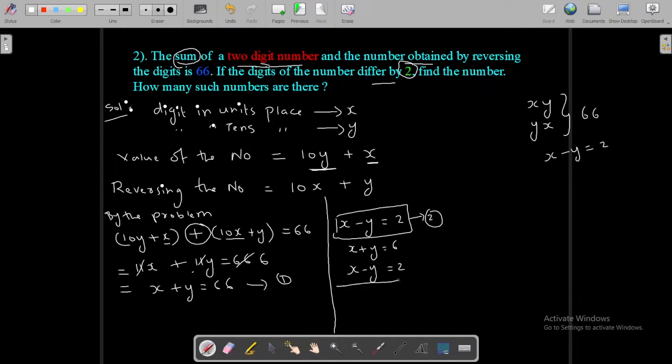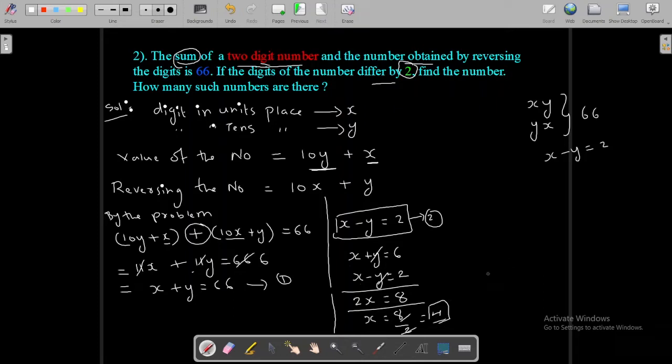If I subtract, this and this get cancelled, so I will be getting 2x is equal to 8. Or x is equal to 8 by 2, that is nothing but x is equal to 4. So now I got the value of x.